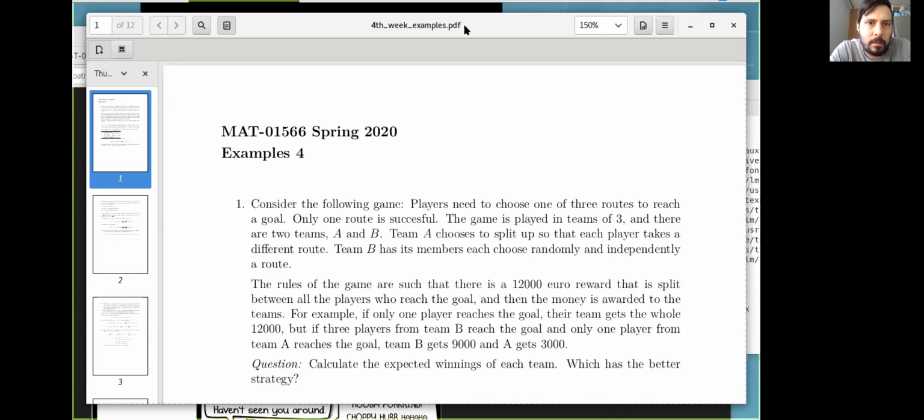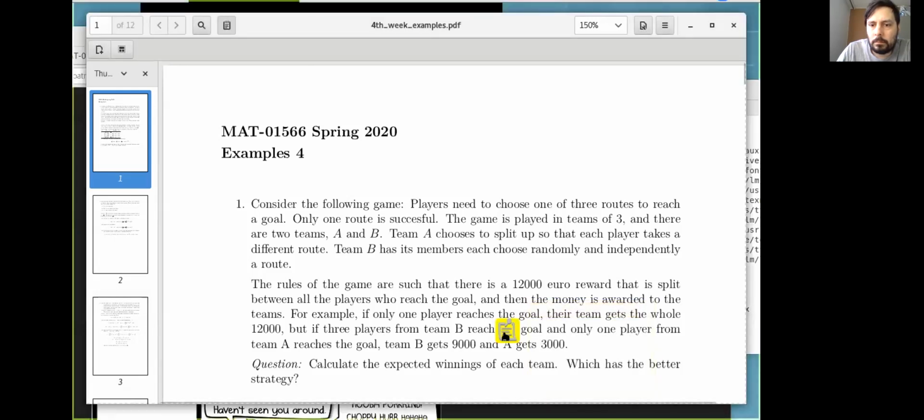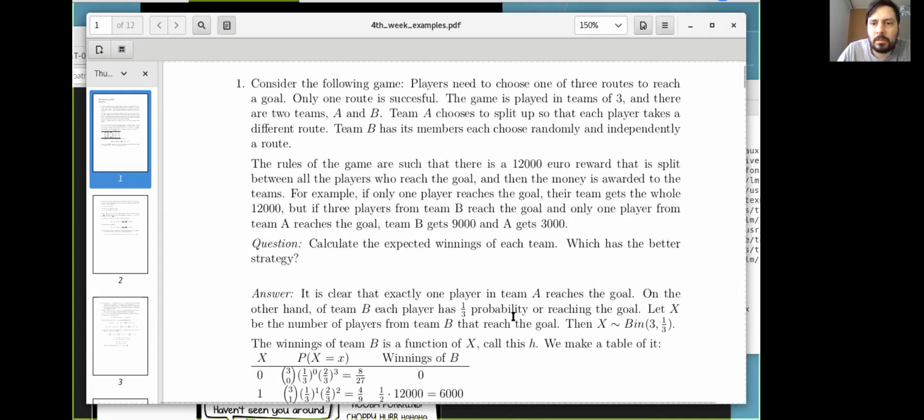The expected values must add up to the whole prize money. So we can, oh, sorry, I didn't mean to put that notation there.